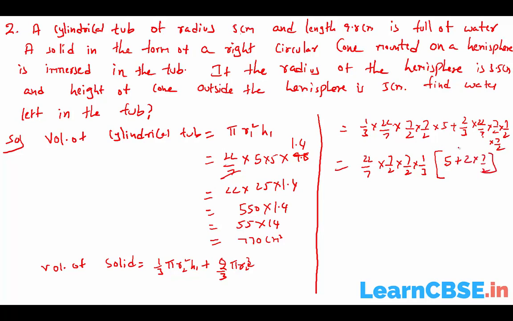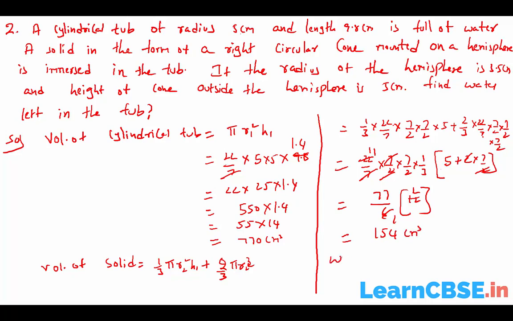The 2s cancel, the 7s cancel, 2 elevens are 22, so 77/6 into 5 plus 7 is 12. 6 twos are 12, that means 154 centimeter cube.